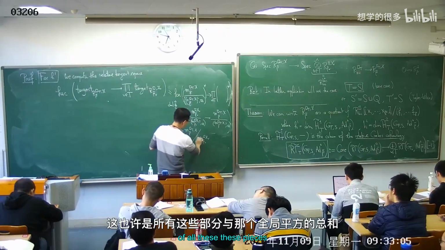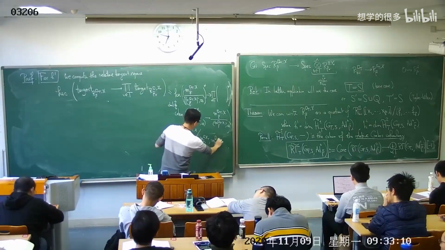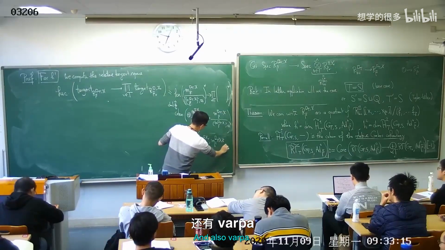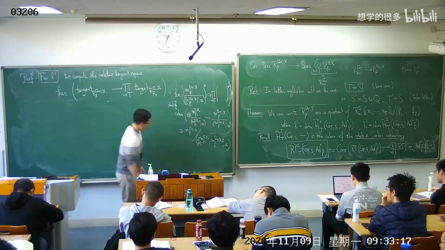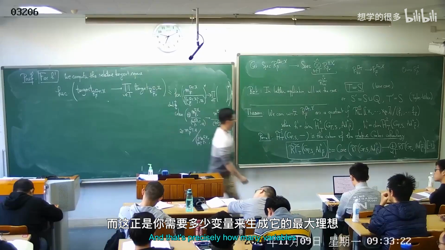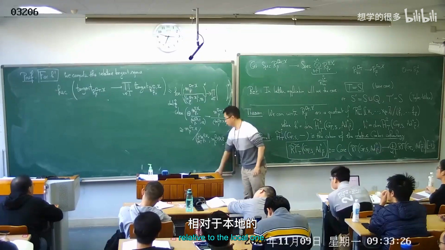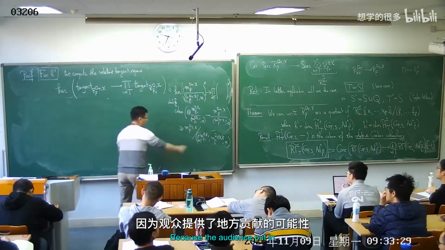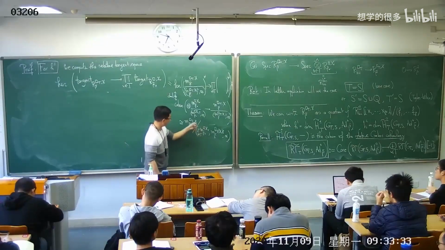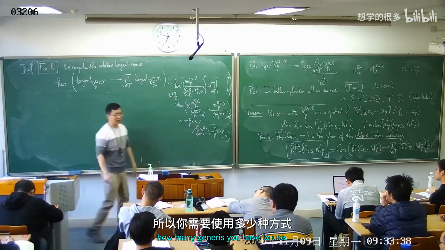It's maybe the sum of all these v's and the universal one squared, and also var pi. And that's precisely how many variables you have to use to generate this maximal ideal relative to the local one. Because you already put in what the local contribution could be, and then quotient by the maximal ideal of this one, and then that. So that's precisely how many generators you have to use.